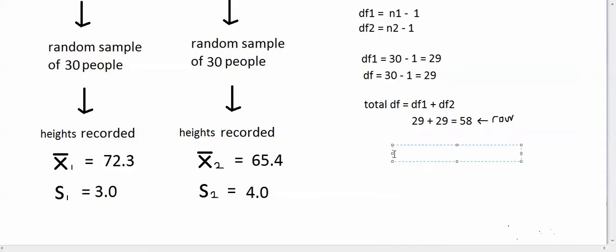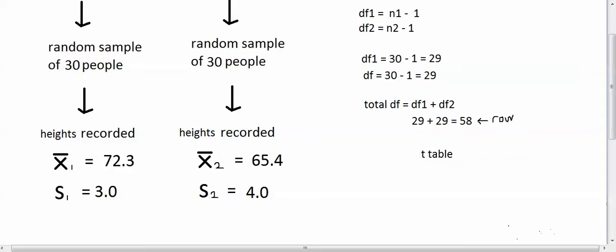So we need to go to the t-table. The row that we're supposed to go to is row 58, but if that's not one of the rows, you just go to the next closest one, which is 60. The column we're going to go to is 95% confidence.